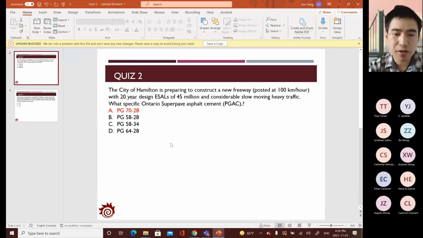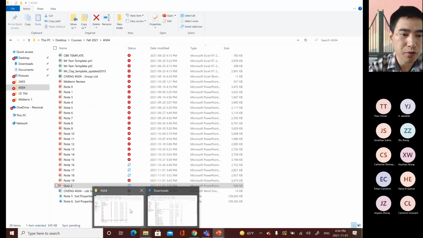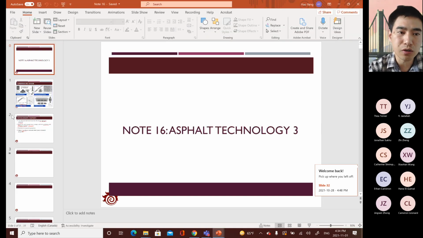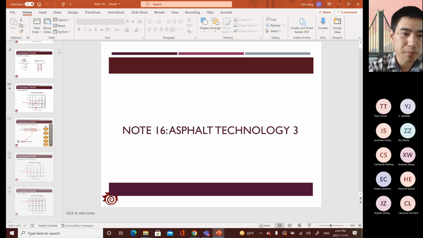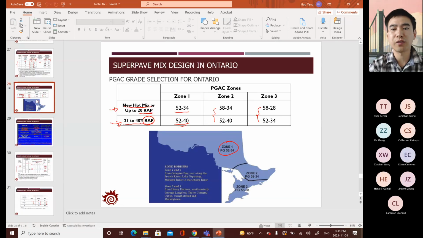So to solve this question, the first thing you need to do is find out the performance grade assigned for Hamilton. That will need you to go through the protocol that is defined in Hamilton.